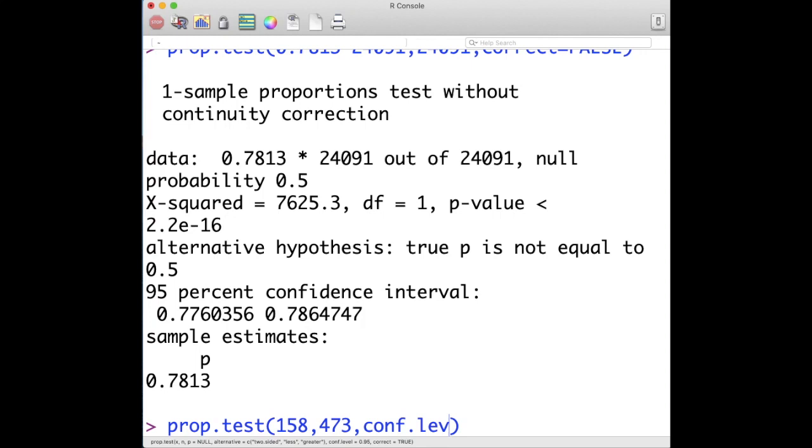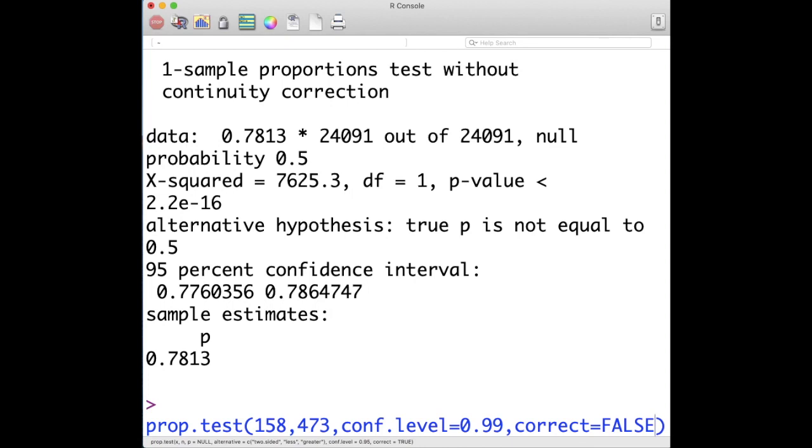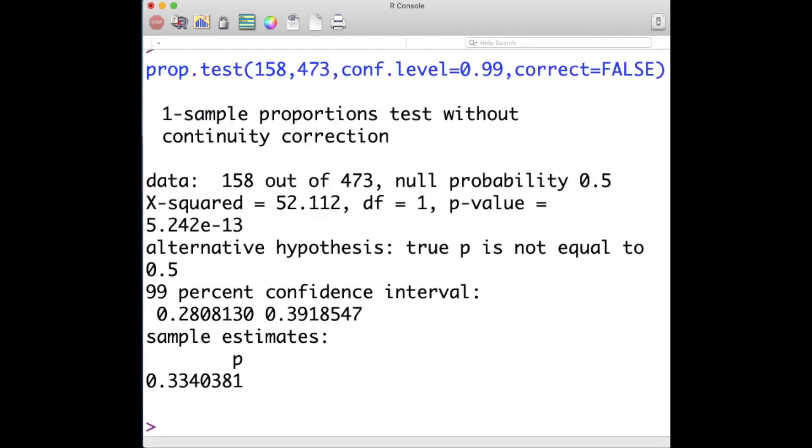Then we add the confidence level of 0.99, and our correct will be FALSE. We're not going to do the correction term here. And we get a confidence interval. This is exactly the confidence interval that we found before. Pretty cool, not that much work. That's how this is going to be helpful for us. So we're done with number 3.